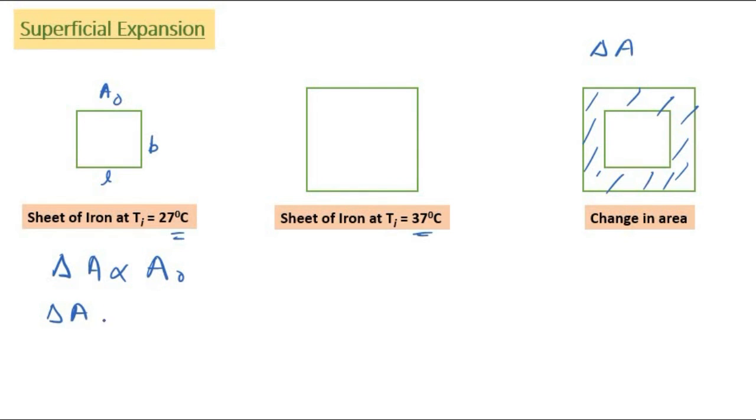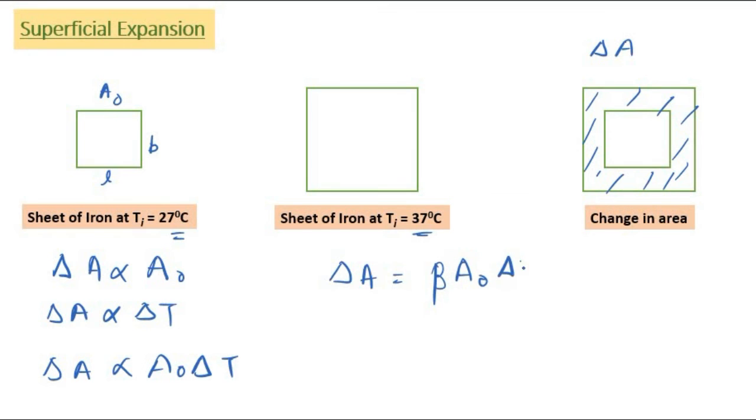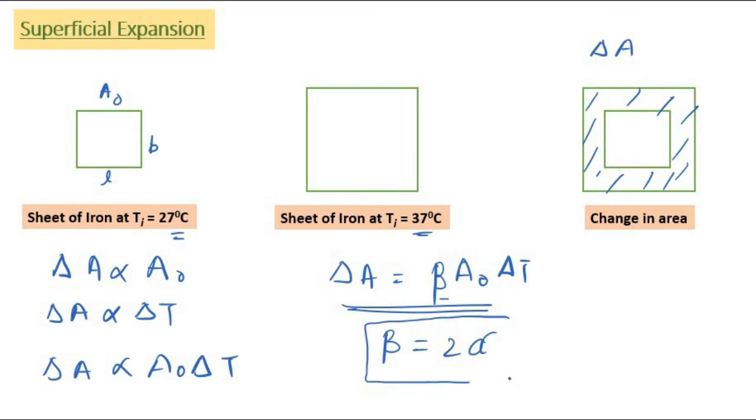Again delta A is proportional to delta T, so delta A is proportional to A0 into delta T. If I want to remove this proportionality sign, delta A is equal to beta into A0 into delta T, where beta is called the coefficient of superficial expansion, and beta is twice of alpha. So for students below 10th grade you have to just accept it, because the proof comes in thermodynamics in grade 11, right?